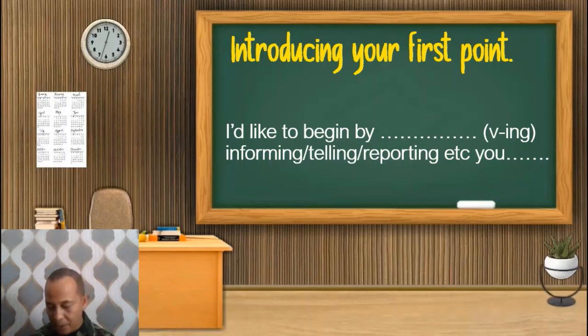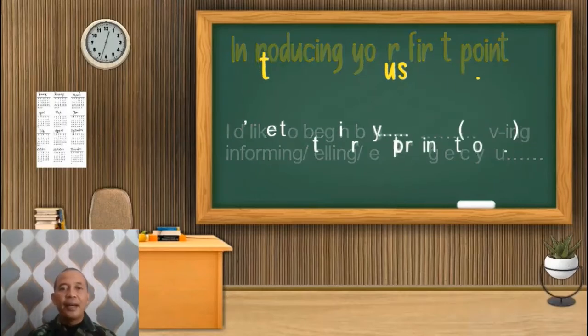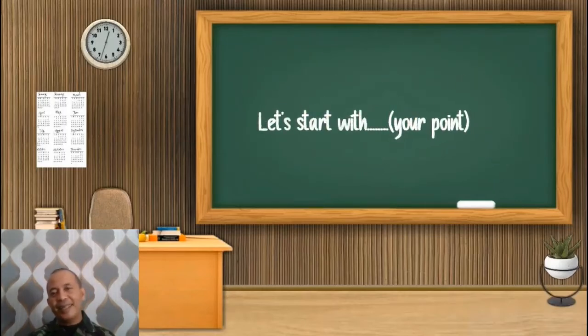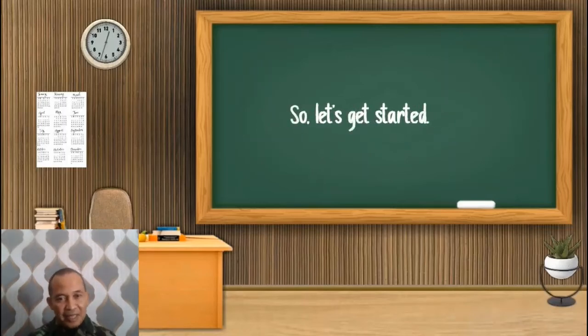Just don't forget to use verb-ing after the word by. Or you can say, let's start with, and then tell about your point. Or you can simply say, so let's get started, and then start to explain the first point that you have in your presentation.